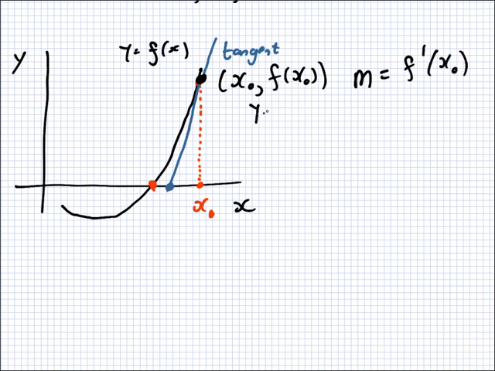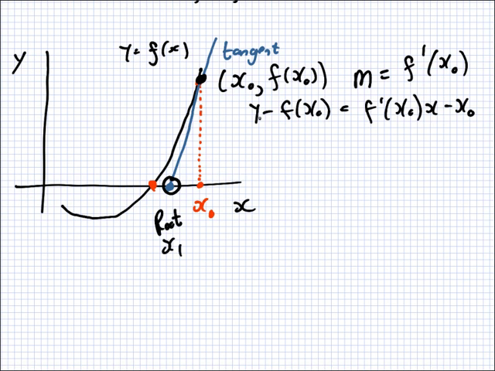So using the formula y minus y1 equals m times x minus x1. Now, this point here is the root, and we'll call it x1.